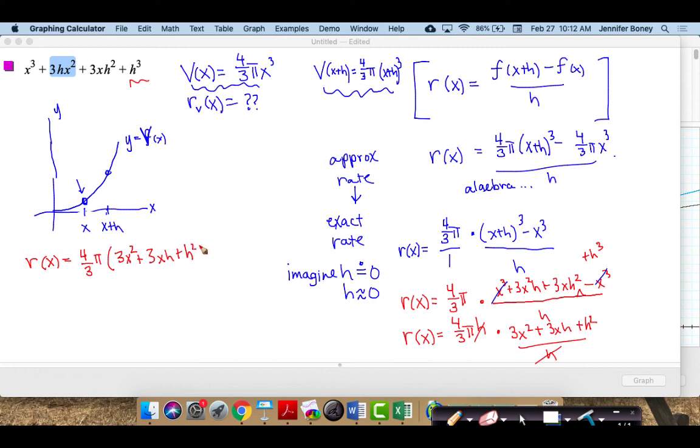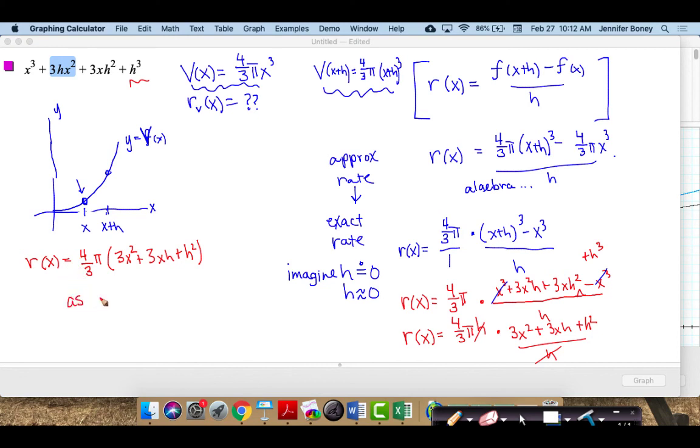Did I miss any terms? So obviously we could reduce some things with the 3's and some of the terms, but what we're really looking for is, well, what happens to this as I make h smaller and smaller? Well, it's a polynomial with some terms that involve h and some that don't, but just as factors. There's no h's in denominators anymore.